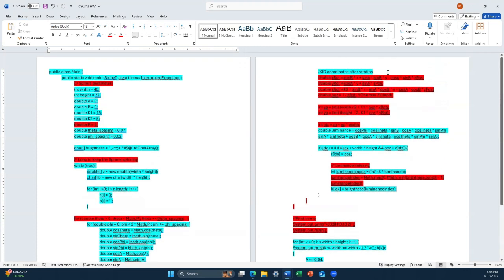The 3D coordinates after rotation, this is where it differs a lot more because we don't have circle 1, circle 2, and even the variables are different. We have X rot for X rotation, Y rot, Z rot, and 1 over Z for the depth.